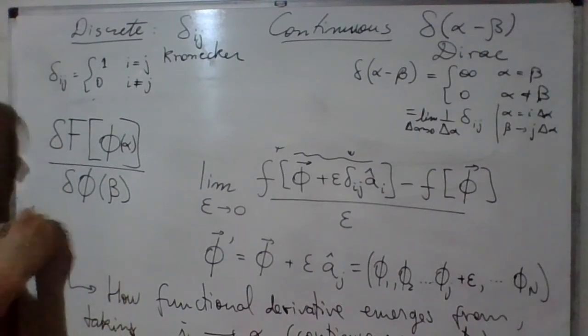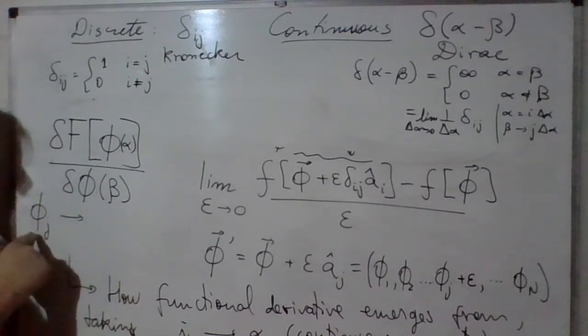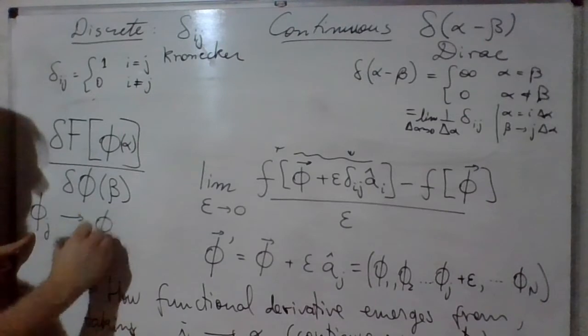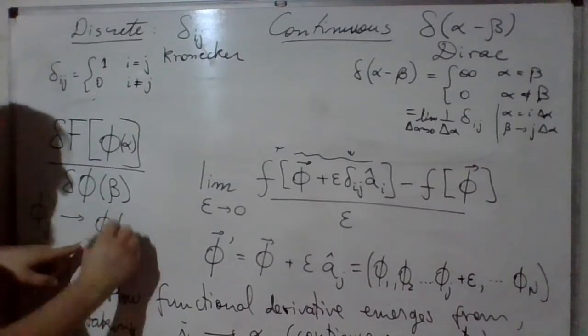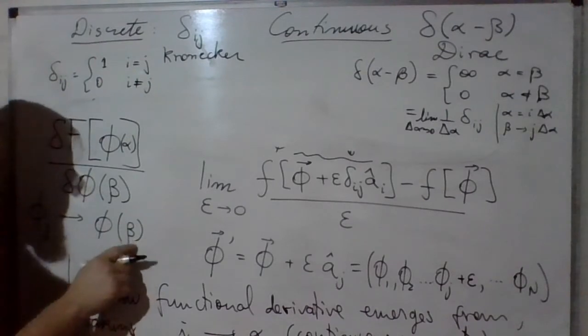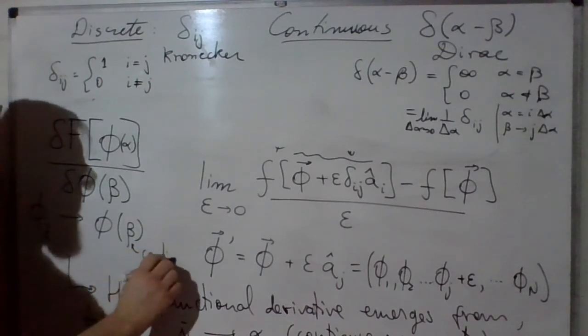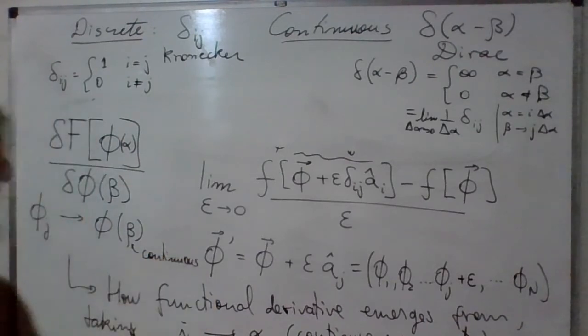Okay, I was changing phi j, but now the phi j must be replaced by some other object, a function which depends on a continuous parameter.